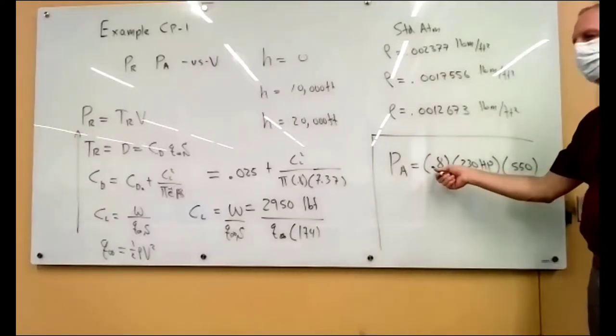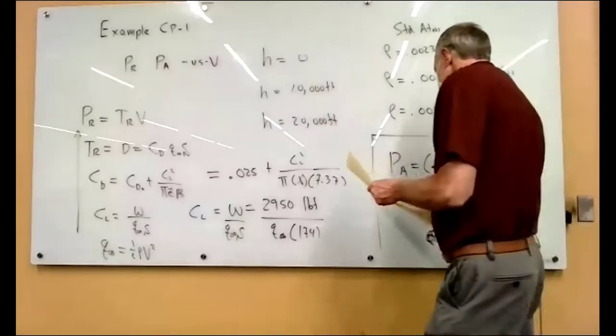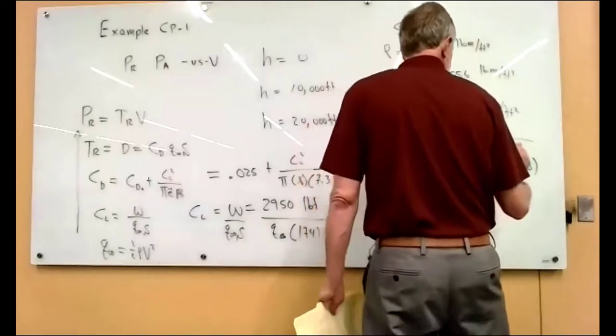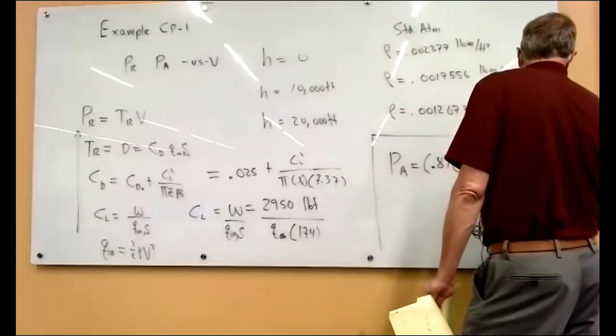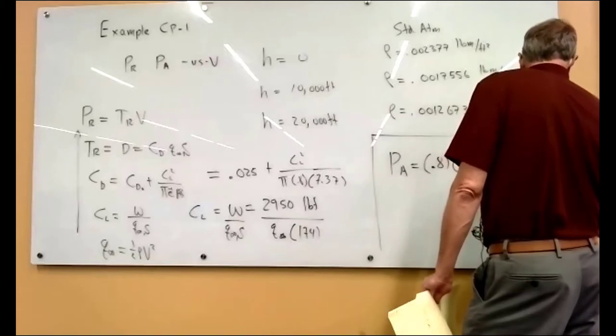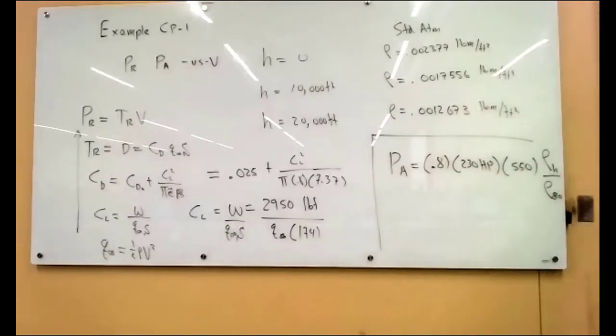And remember, this is the propeller efficiency here. And we'll ratio this by the density that we're at divided by the density at sea level. So if we're at sea level like we were last time, then this is just 1, and that's the number we get.